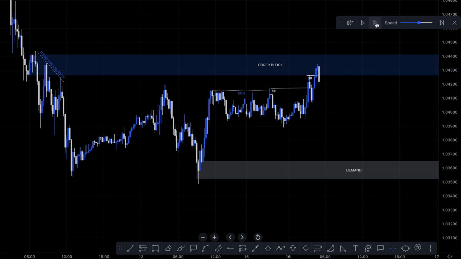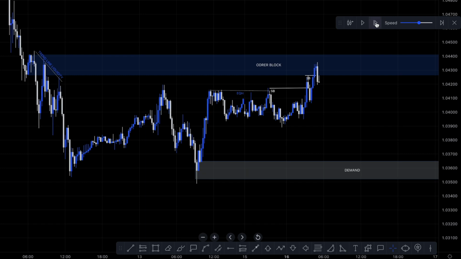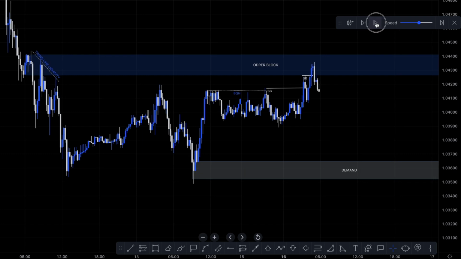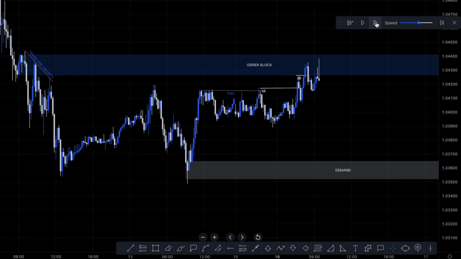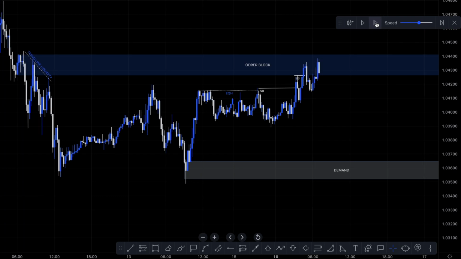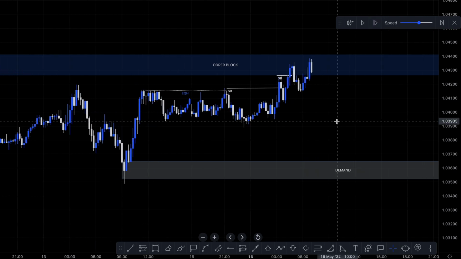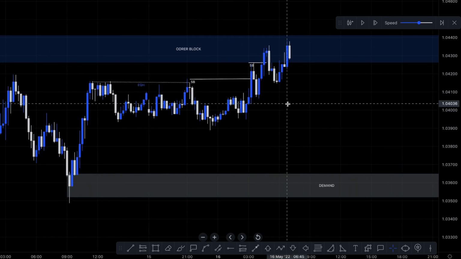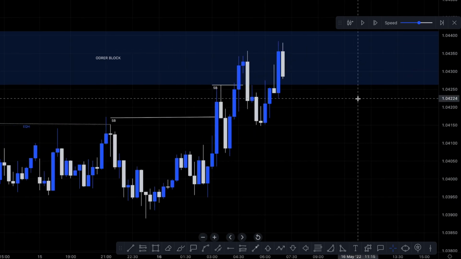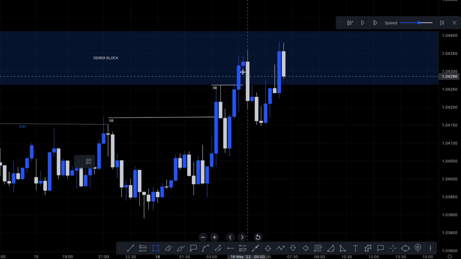What we pretty much want is to see the market fail to create a new higher high and create a lower high or something of that sort to give us that depletion. All right, boom. So right here I realized that the market didn't create a new higher high, instead it gave us a double top.